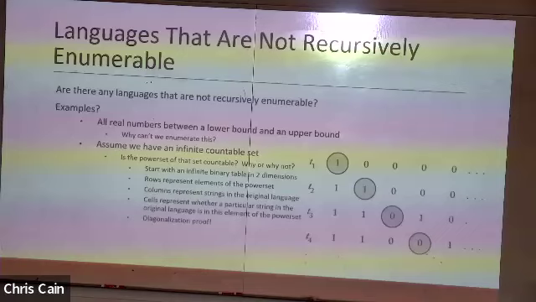Rows are elements of the power set. Columns are strings in the original language. So is this string in the original language an element of the power set?